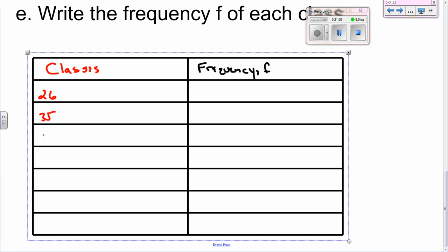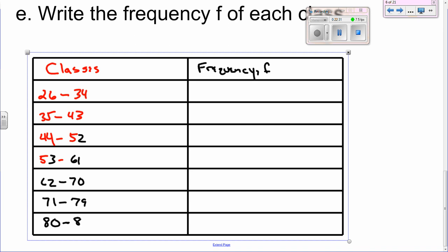So it'll be 35, 44, 53, 62, 71, and 80. And to find my upper limit, remember I do this number minus 1, so give me 34, 43, 52, 61, 70, and 79. And then I have to add 9 to this to get 88.